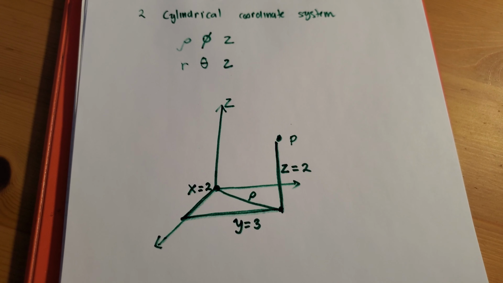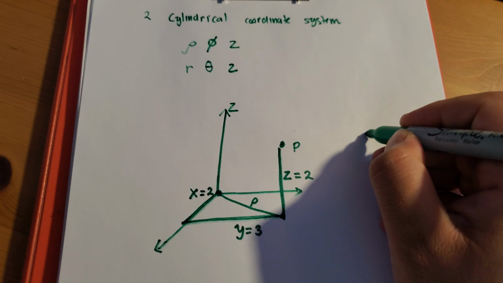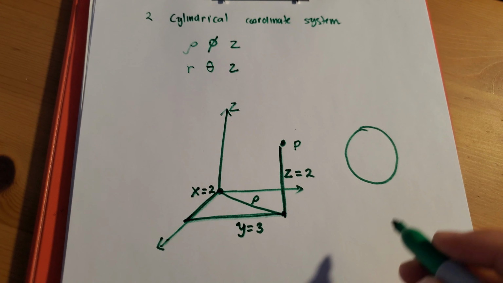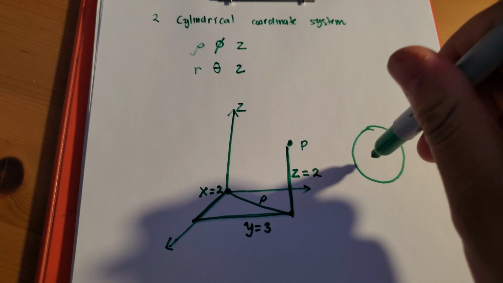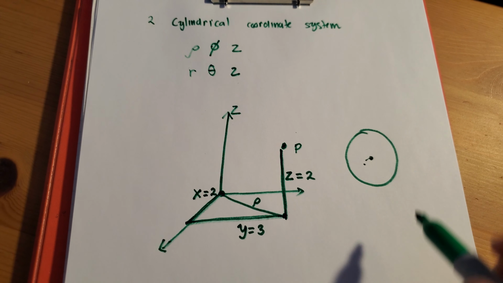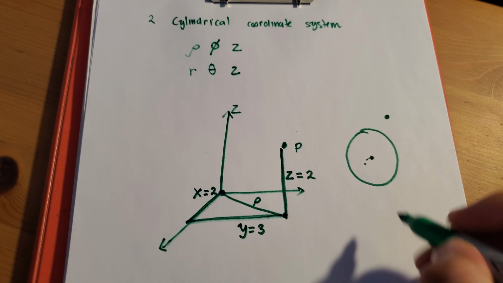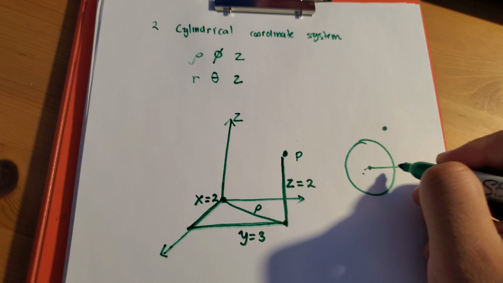And what is phi, right? Phi is the angle at which you are facing. So if we remember a circle, right? Let's say we're looking at this from the top axis. So my pencil right here is the z-axis going up in the air. Let's say my point is over here, and this is the starting point of my angle.